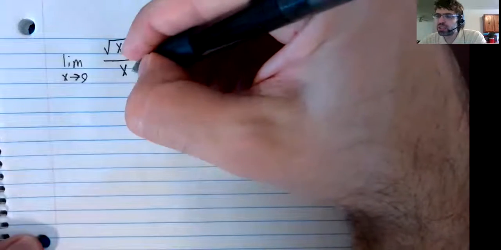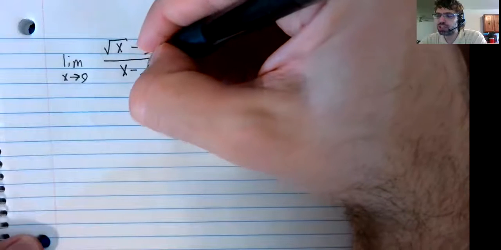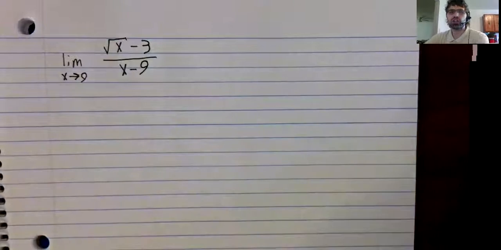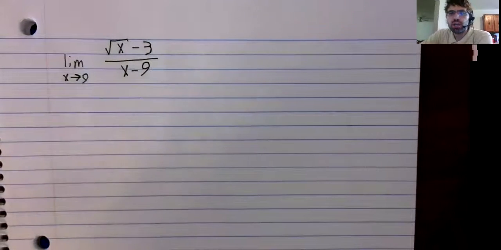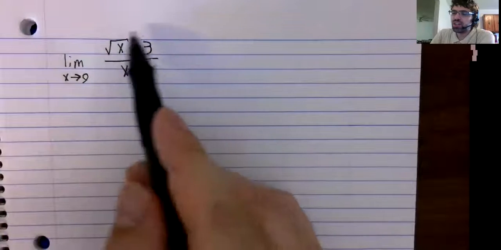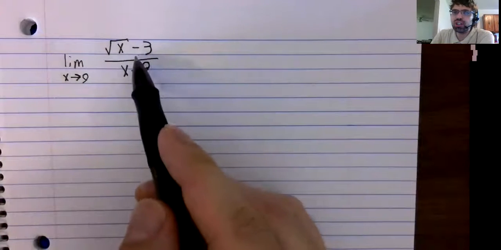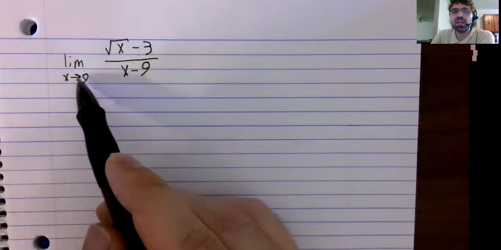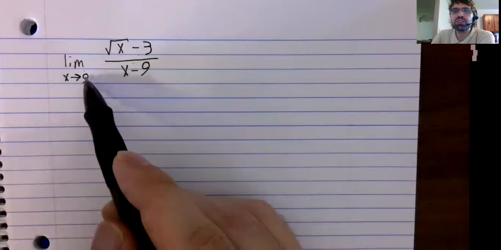And that addition and subtraction should be occurring inside a fraction. What's more, this is something we could reasonably expect to take the limit of just by plugging this 9 in.